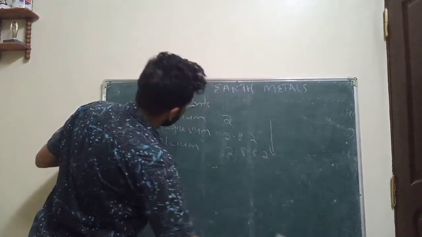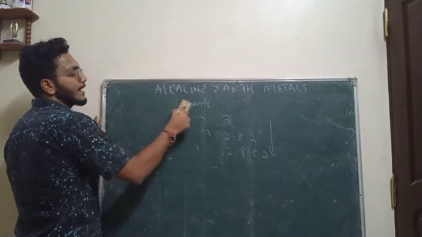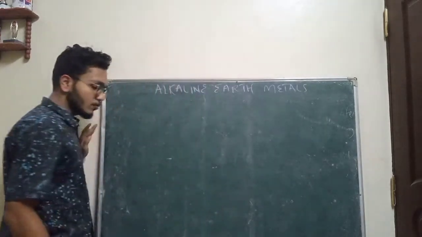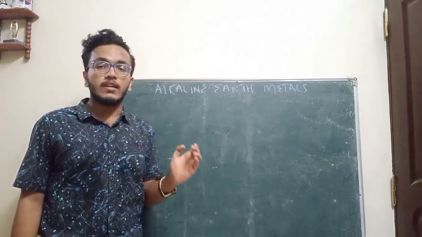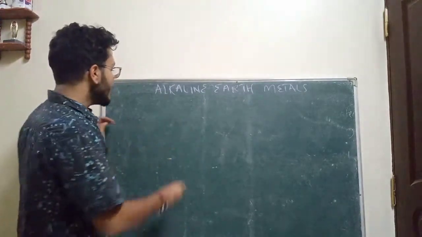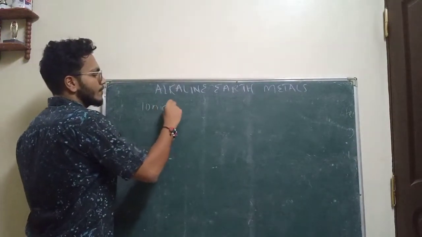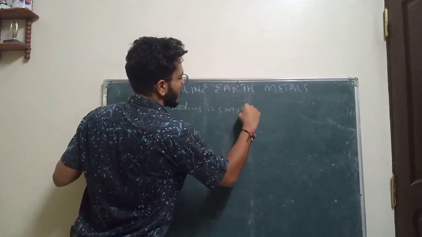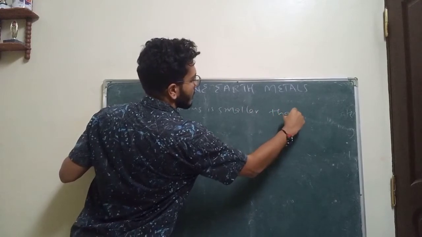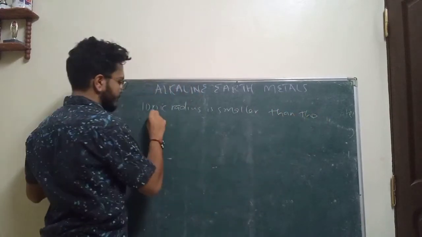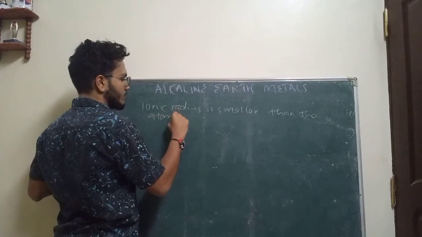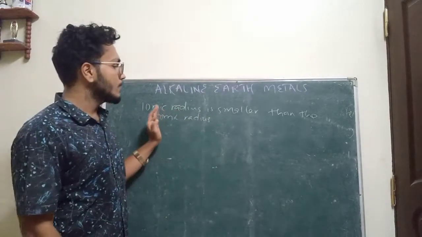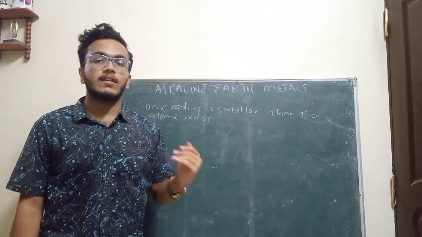But I have to stress on this. The ionic radius is smaller than the atomic radius, since the valency electrons are lost and hence the energy level is lost.